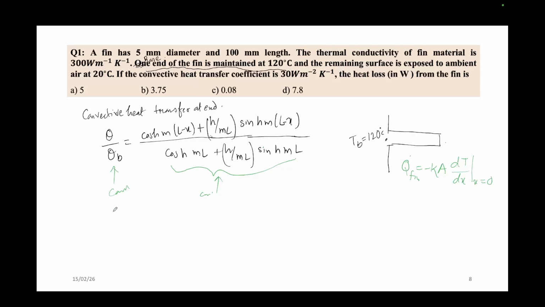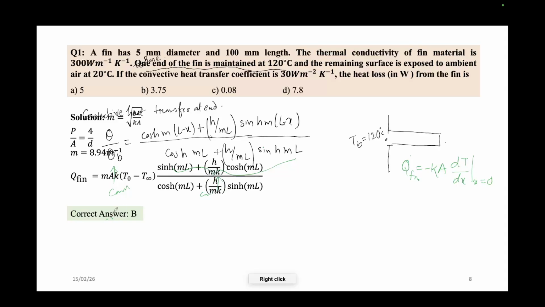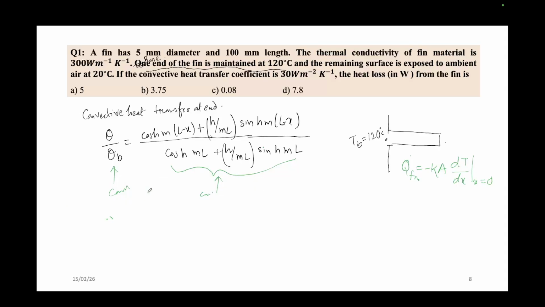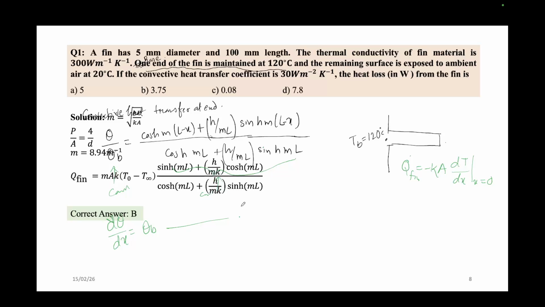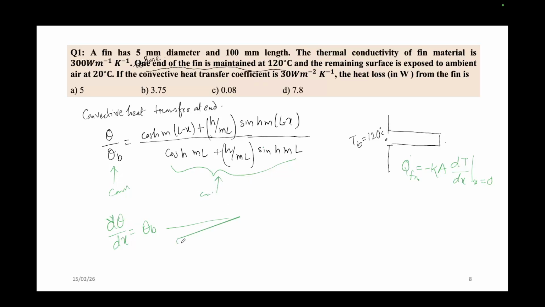So now I just shift to the derivative. So what should d theta by dx be?